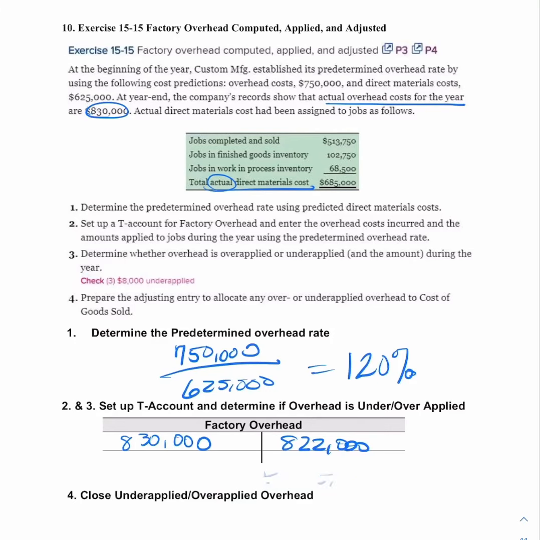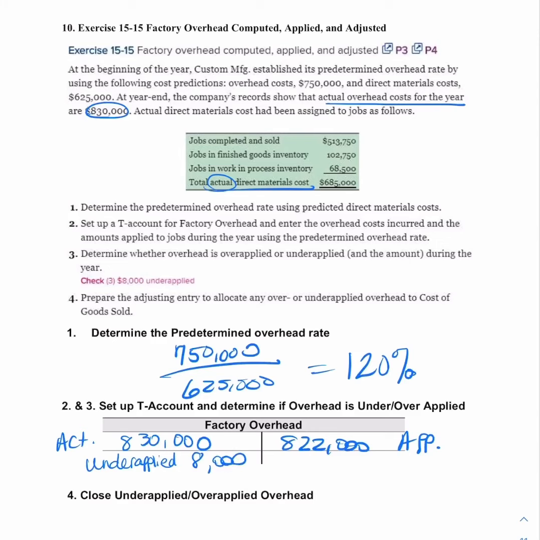So I've got actual overhead and applied overhead. So is my actual greater than my applied? Yes. So have I over applied or under applied? I have under applied by $8,000.